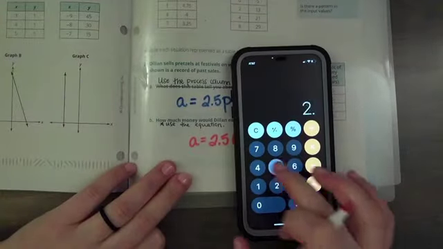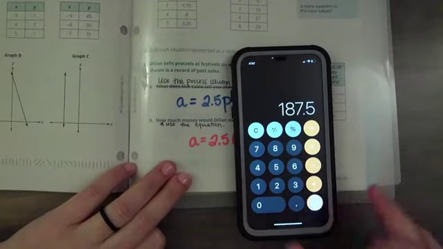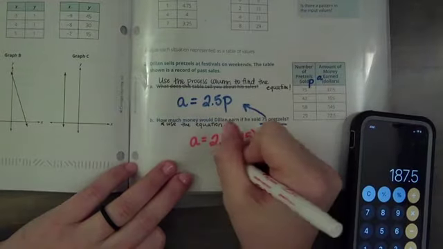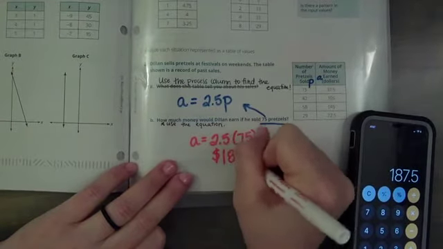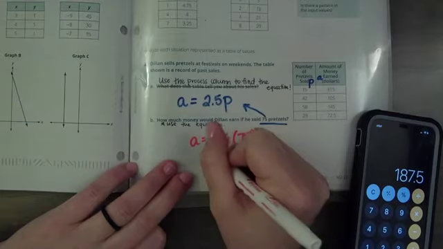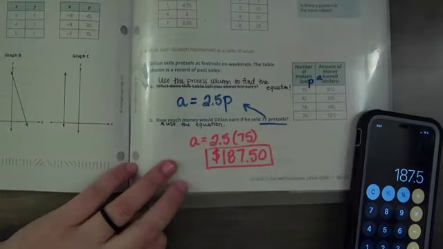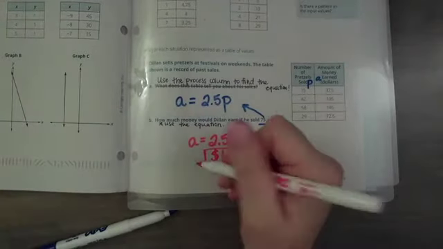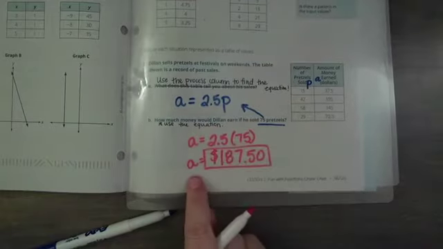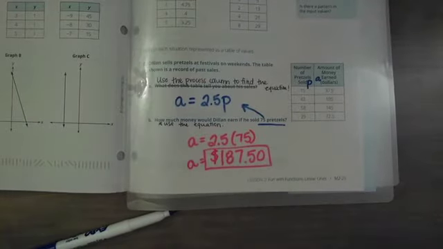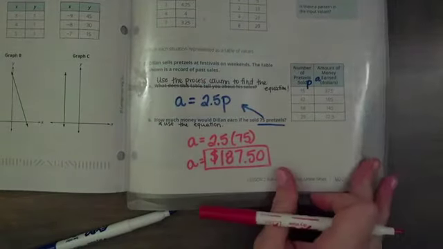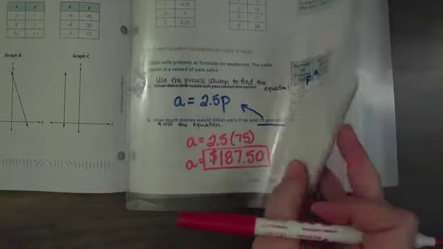So 2.5 times 75 gives us $187.50. That is how much money he would earn, or that's the A, the amount earned, if he sold 75 pretzels. Okay, let's go to the next one.